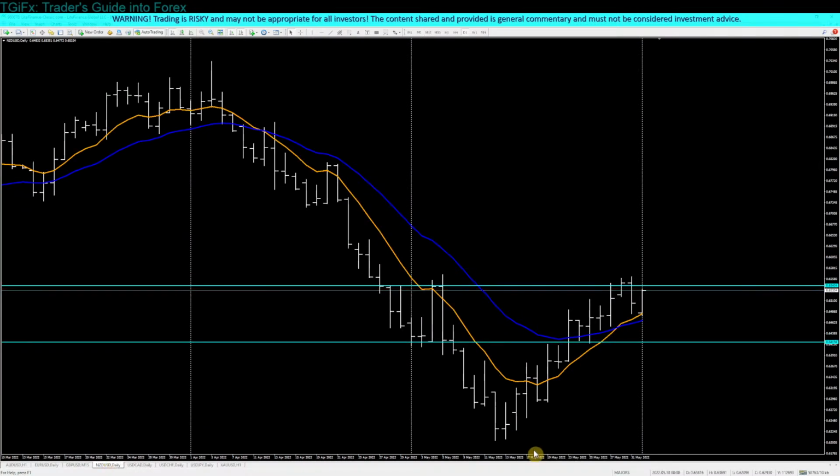Let's quickly go to NZD-USD, which also has a high correlation with gold. As you notice, price is moving up there. So the dollar yen has the negative or opposite correlation with gold.